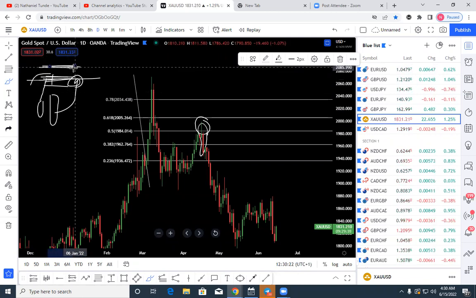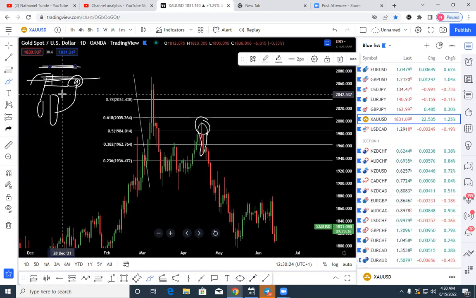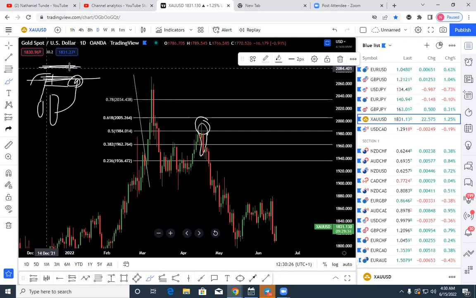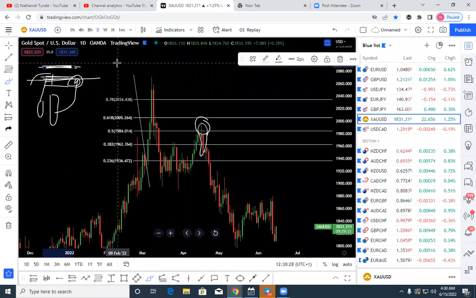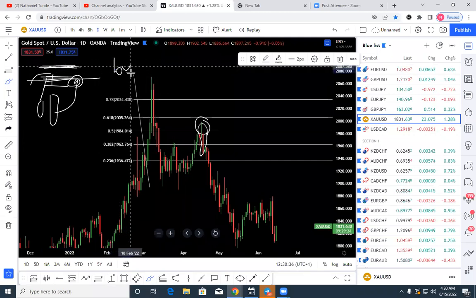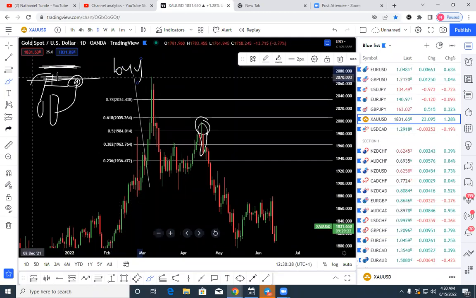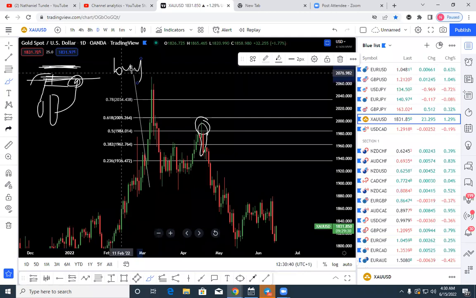Because your stop loss here, as the seller, in the forex market algorithm, is regarded as a what? As a buy. You are selling, you put your stop loss, it is regarded as a buy. It's a buy liquidity.